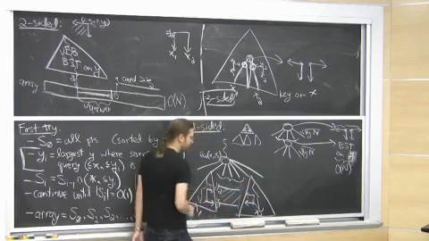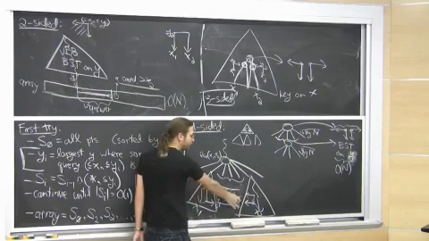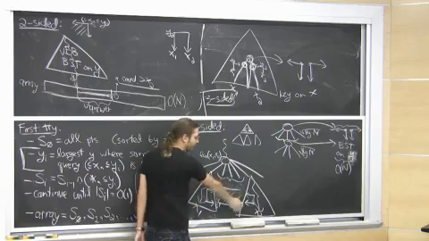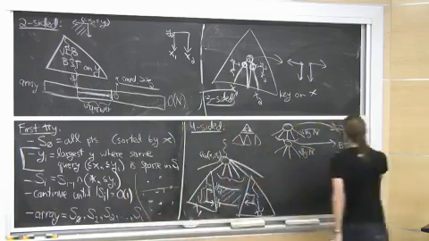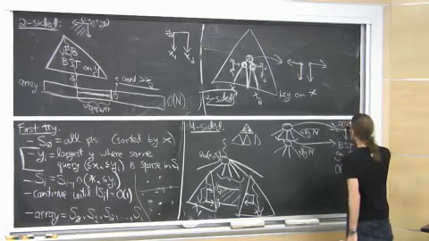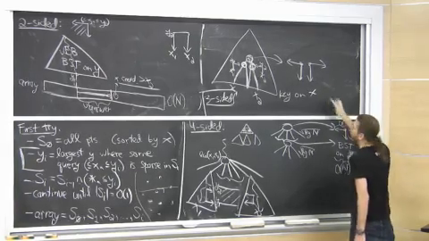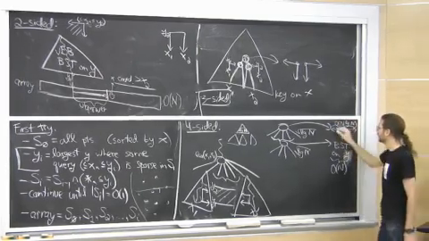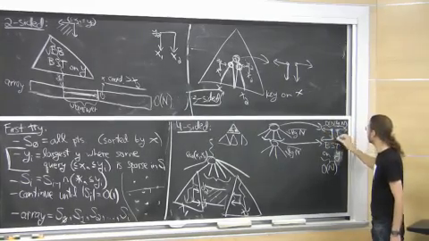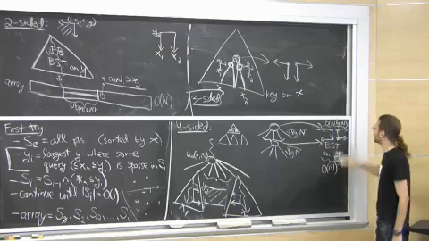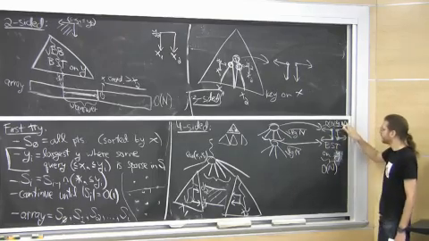But I still need the remaining 3 sides. In here, I only need these 2 sides because I've already got x1 and x2 covered. Okay, so this is cheap. I only need a linear space data structure. This thing is not so cheap. I'm using the previous data structure, this thing, which has n log n size. These are 3-sided range queries. Sorry for drawing it wrong. Okay, so I need 2 3-sided structures.